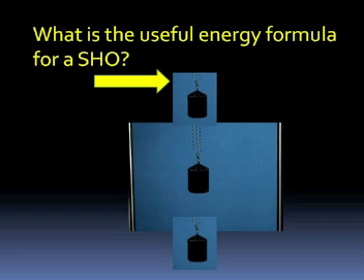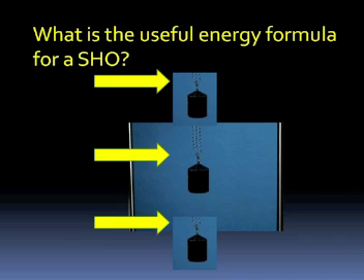What is the useful energy formula for a simple harmonic oscillator? All right, we have a mass on a spring, and there is the equilibrium position. I start it vibrating, and it goes up and down, and that bottom arrow is the maximum extension at the bottom, which equals the maximum extension on top.